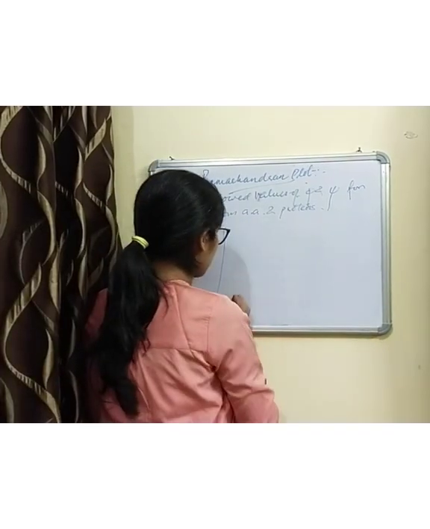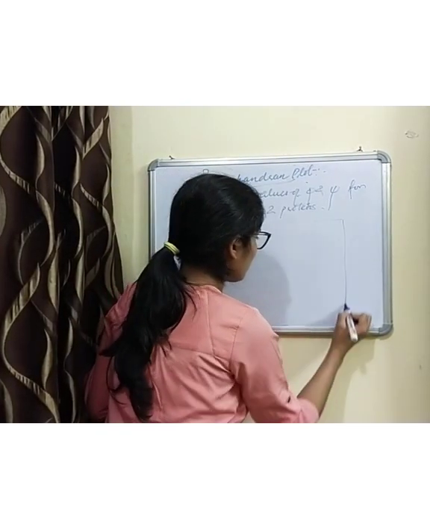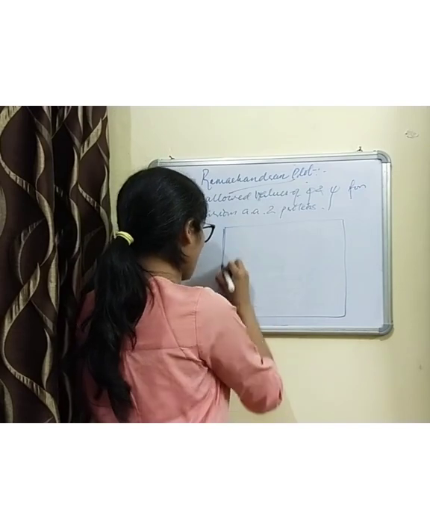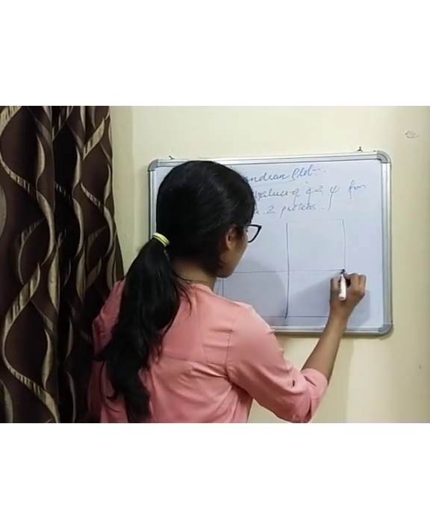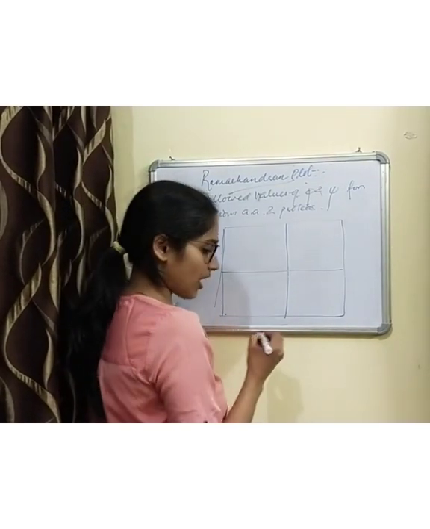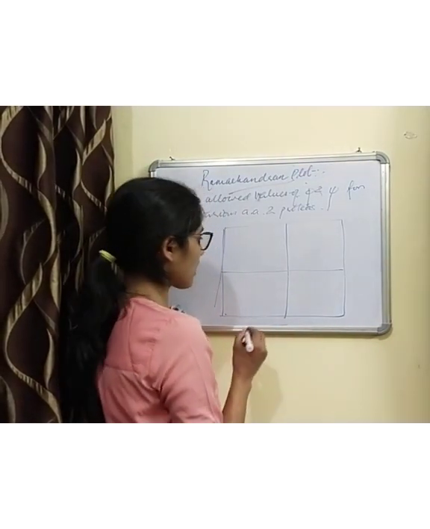Alright, so I am drawing here the Ramachandran plot. It is a two-dimensional plot with phi and psi angles.